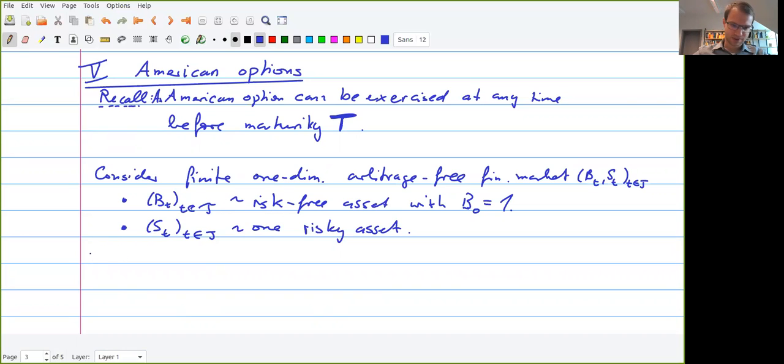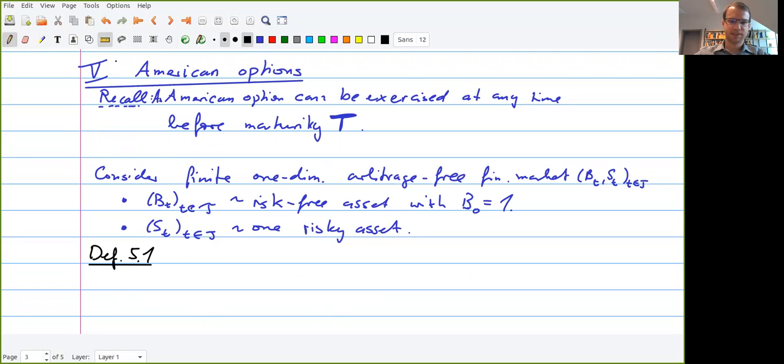So first, we want to mathematically define what an American option is, and these definitions are again motivated or verified economically by our no-arbitrage principles.